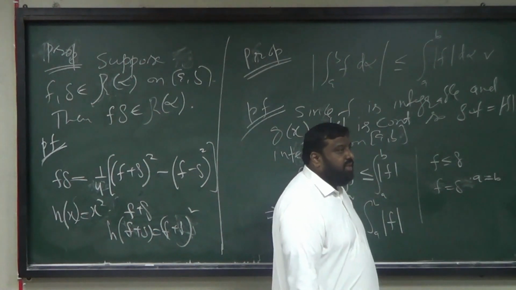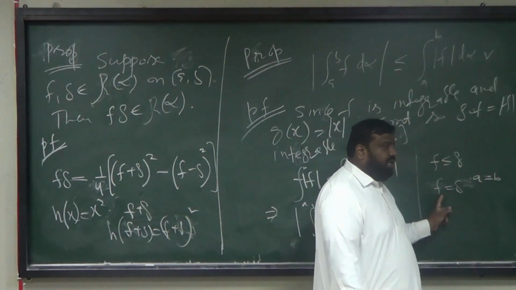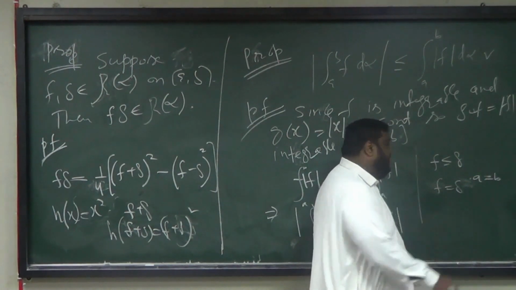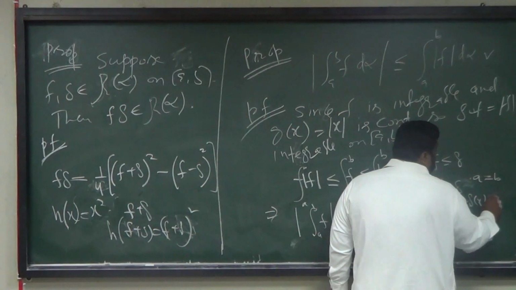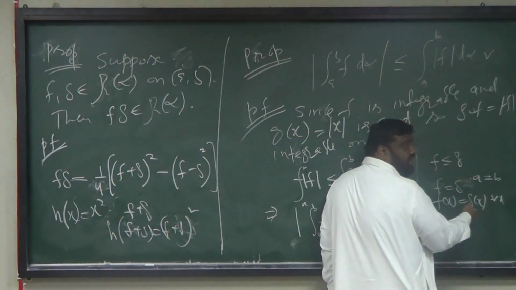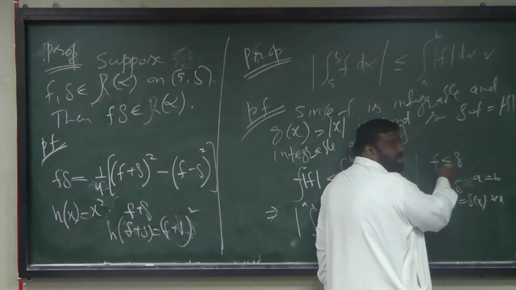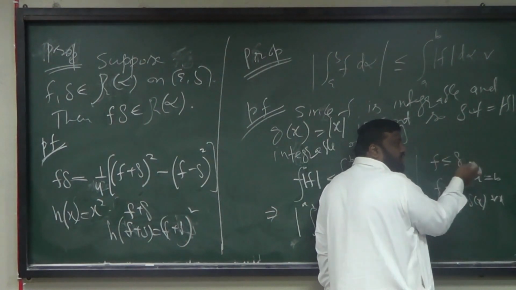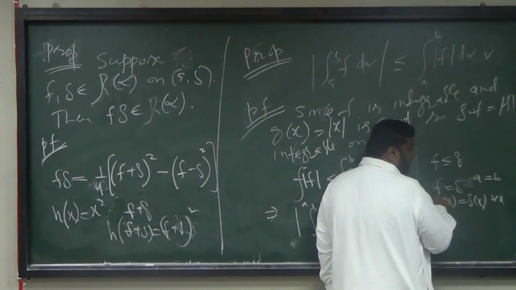It means that on their shared domain, their values are the same. In other words, f of x is equal to g of x for all x wherever f and g both make sense. And when I say f less than or equal to g, I mean f of x is less than or equal to g of x for all x on the shared domain. Yes.